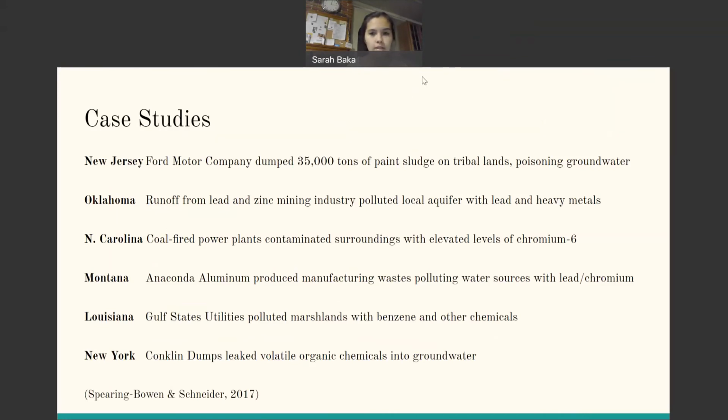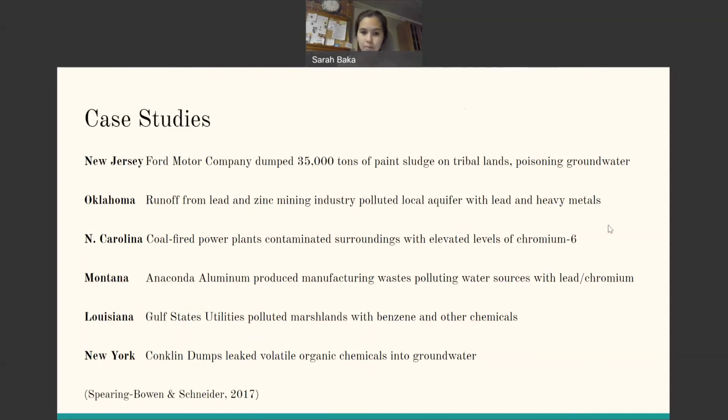Some case studies that show where lack of proper waste management can be detrimental are listed here. Starting in New Jersey, the Ford Motor Company dumped over 30,000 tons of paint sludge into the surrounding land, which ended up poisoning groundwater.